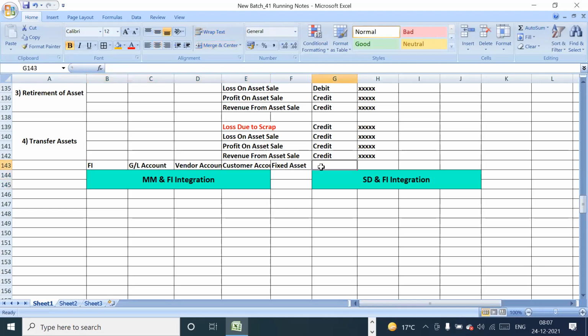And for payments purposes we have to create the bank accounts.